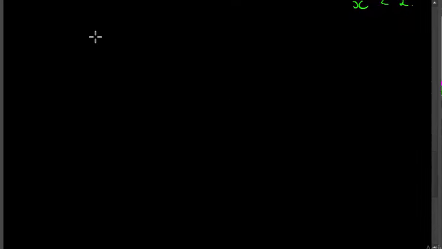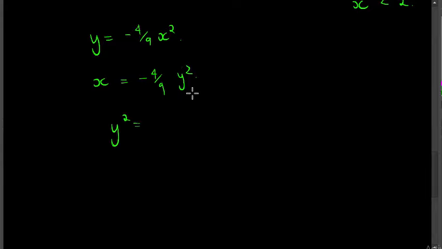We now have that y is equal to -4/9 x squared, and now it asks me to find the inverse, so I swap x and y: x equals -4/9 y squared. Then I solve for y squared, so I try to get the y on its own.